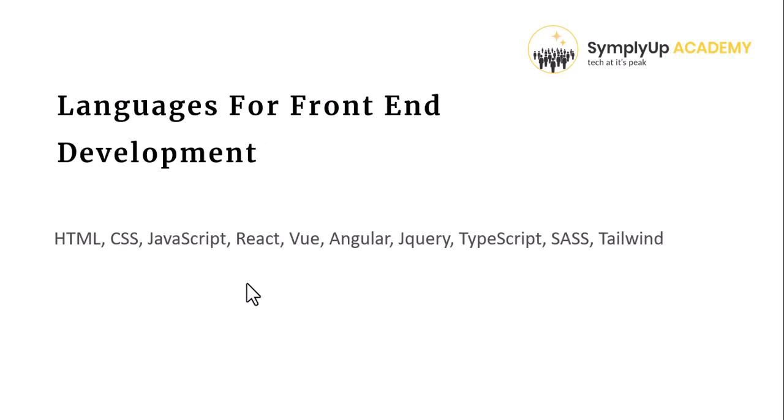But then there are others. The basic ones are HTML, CSS, and JavaScript, which we'll be covering in this program. But then there are more advanced ones like React and Vue. Me not talking about these advanced ones does not mean you use them in place of HTML, CSS, and JavaScript.